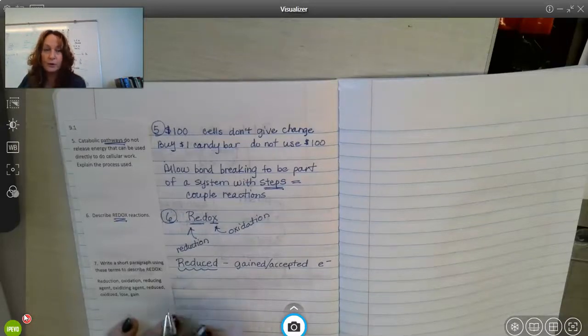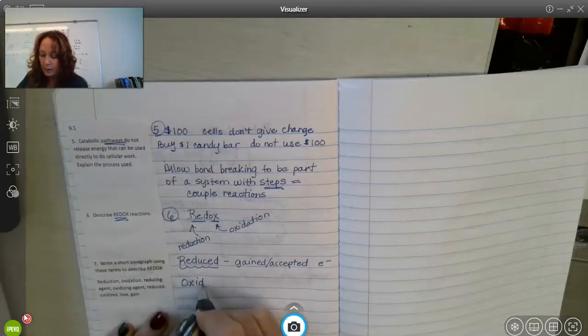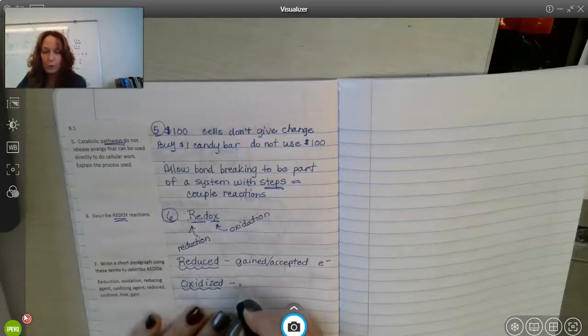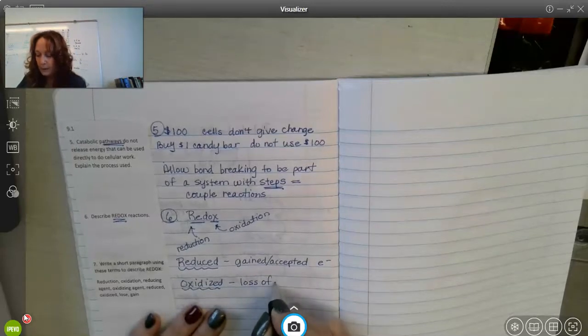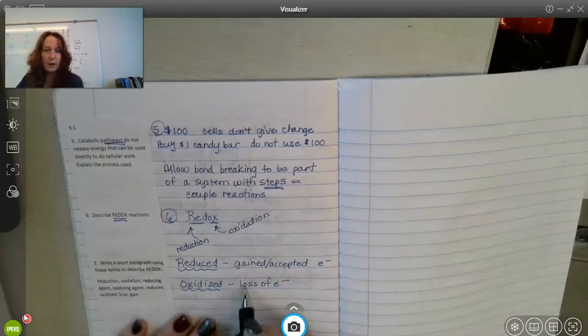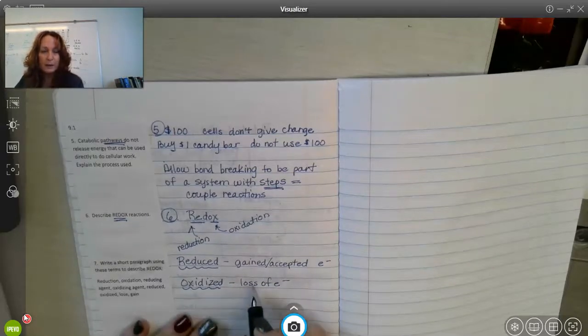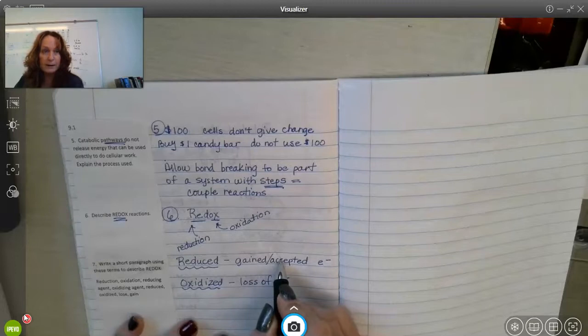They're never set loose. So if you have an electron that's going to be lost, that's what oxidized means: that's the molecule that lost, so loss of electron. That's the molecule that lost it, so we call it oxidized, but it's never just, well, I lost my electron. Something took it, and so it's reduced.